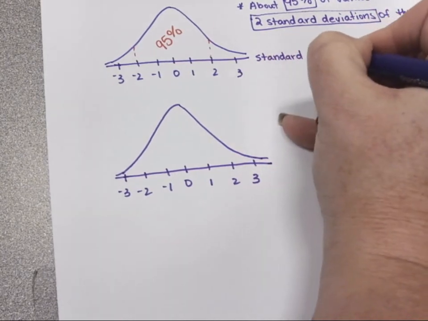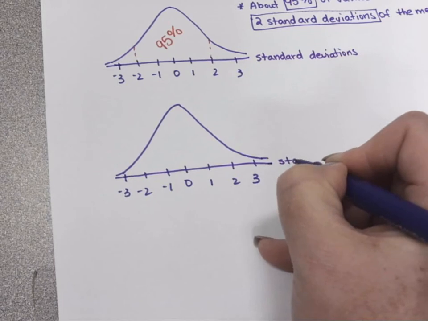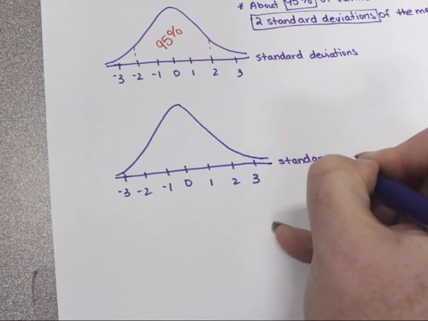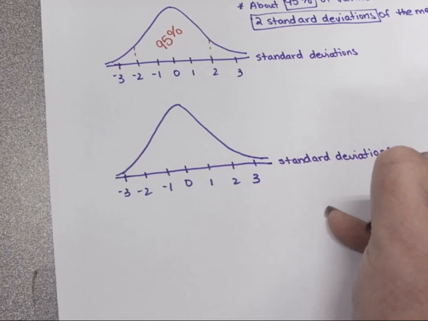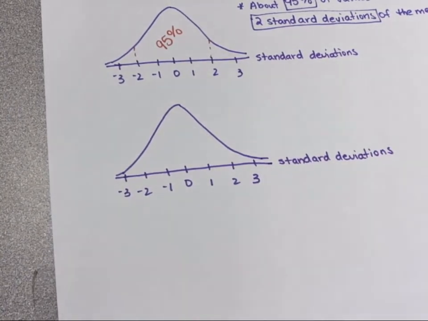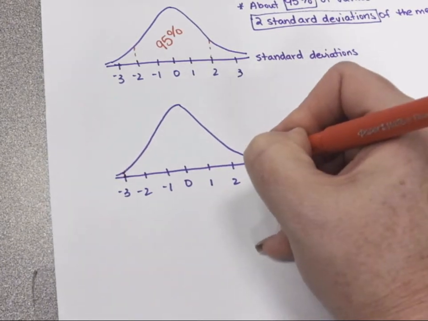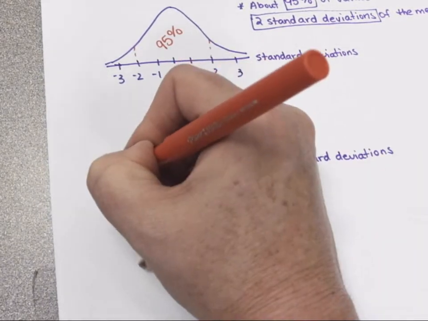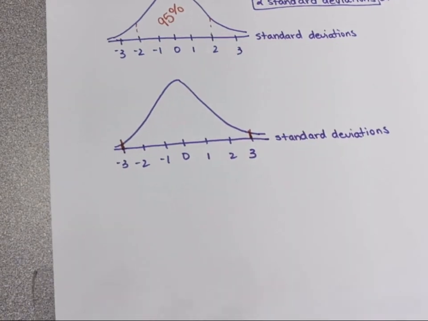These represent how many standard deviations away we are. So if you can go out to 3 standard deviations, notice that that is going to cover nearly everything, right? I'm going to draw it like that so you can really see it.